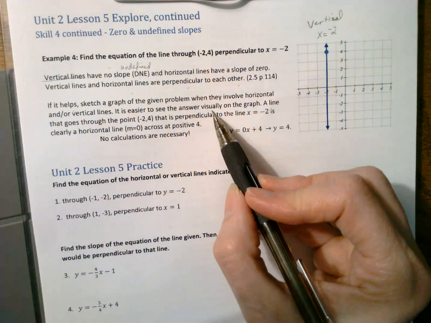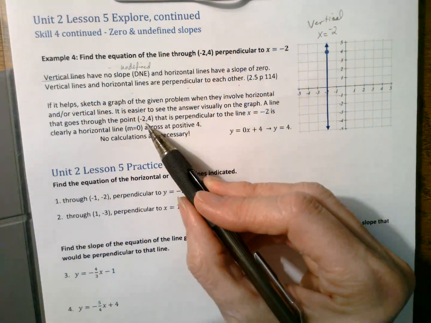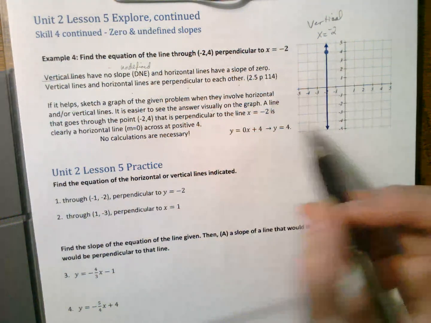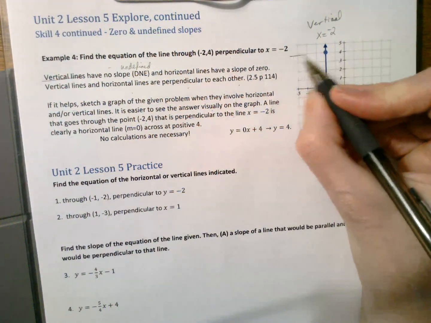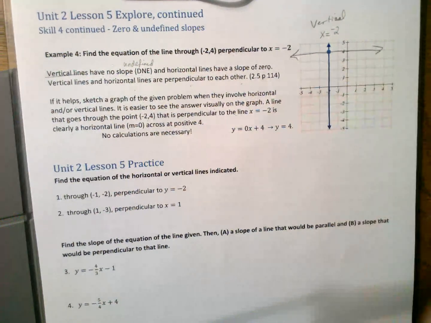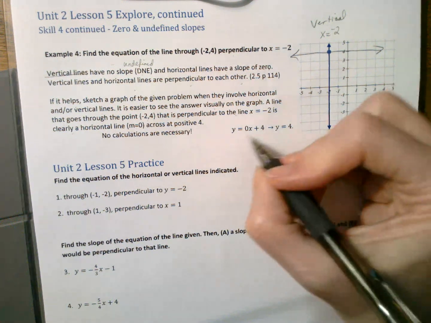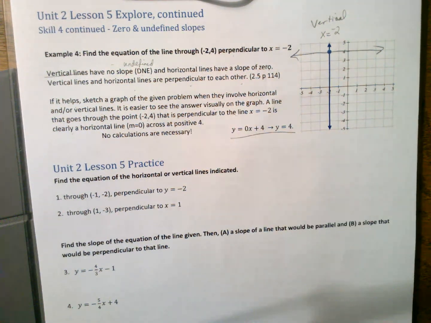It's easier to see visually on the map. A line that goes through (-2, 4) that is perpendicular to this line is clearly a horizontal line, okay, for a slope of 0 across at y equals 4. Therefore, this is the equation of that line.